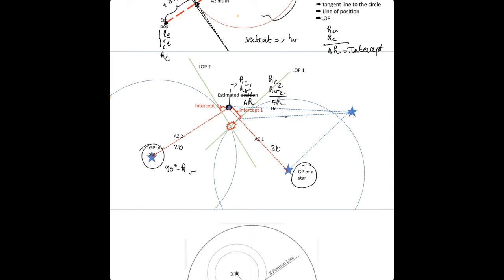And then we mark intercept 1 and intercept 2 on our true bearing. If we have marked the intercepts, what do we find? We find line of position 1 and 2, and where they intersect, again, that is what our true position will be. So it's this second system that we will be using.